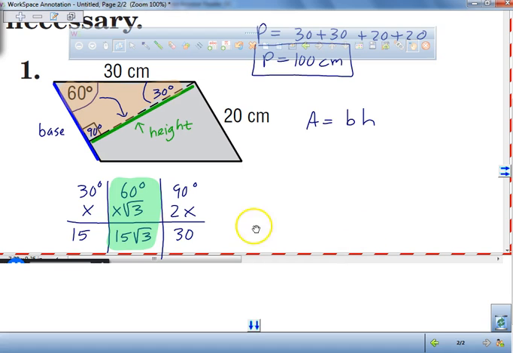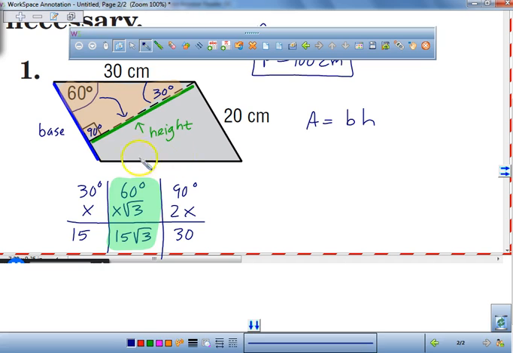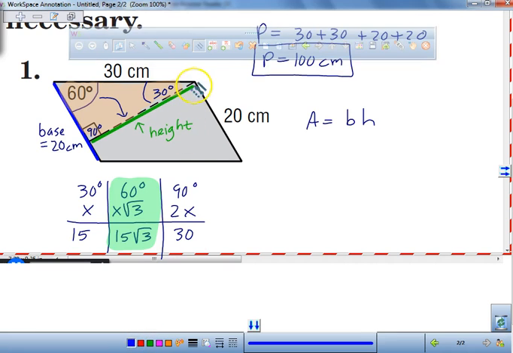Now, everybody, what's the length of my base? You're right, it's 20. Good job. You recognize that opposite sides of a parallelogram have to be equal. So if that's 20, that has to be 20.